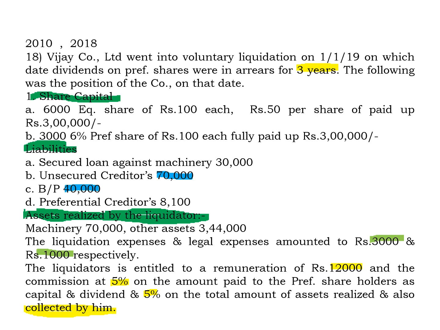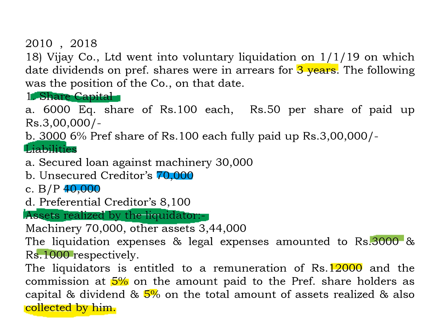So let us look into the question. Before we go for the solution, let us make a brief summary. There are two types of shares, equity share and preference share. Equity share is partly paid, 50 rupees; preference share is fully paid. We have totally 3 liabilities: secured creditor 30,000, unsecured creditor 1,10,000 and preferential creditor 8,100.